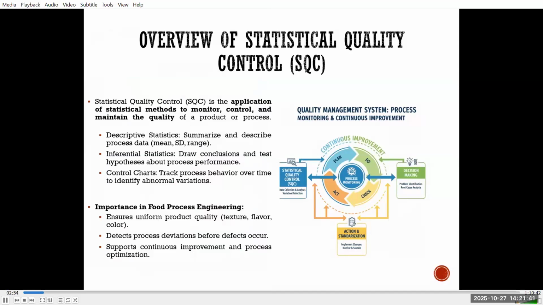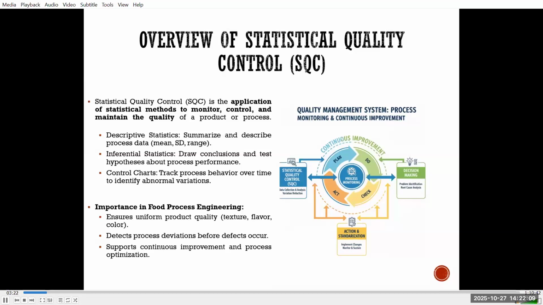Descriptive statistics summarizes your data, like mean, standard deviation, or range. For example, the average moisture content of the biscuit in a batch. Inferential statistics helps draw conclusions from a sample about the whole population, like testing if a new drying method is really increasing the yield.